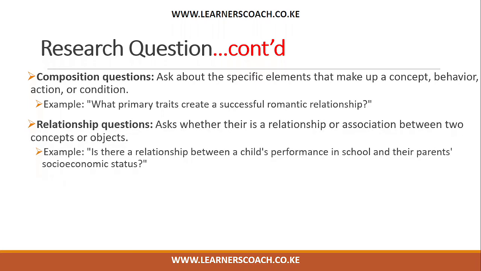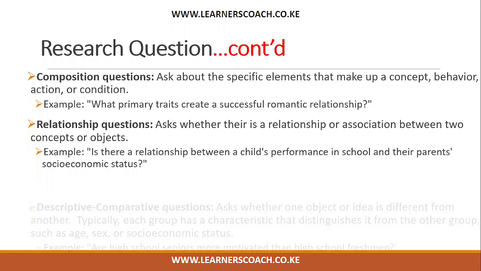We can also look at relationship questions, which ask whether there is a relationship or association between two concepts or objects. For example, is there a relationship between a child's performance in school and their parents' socioeconomic status? So we could have this kind of question.